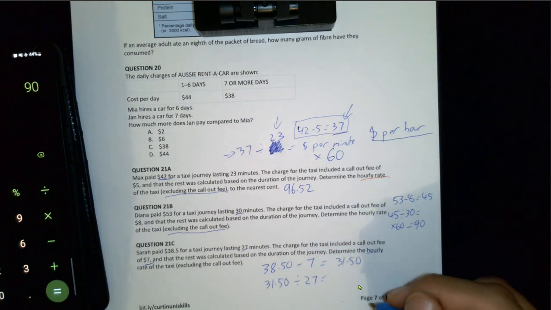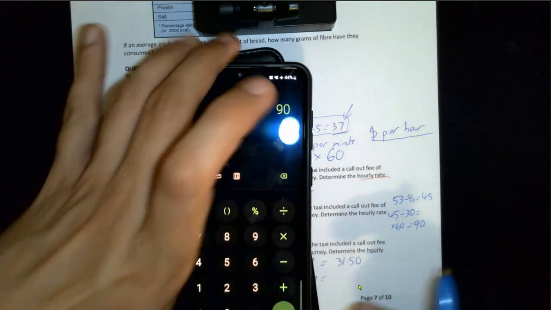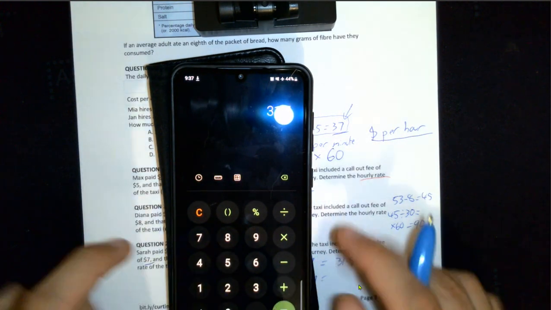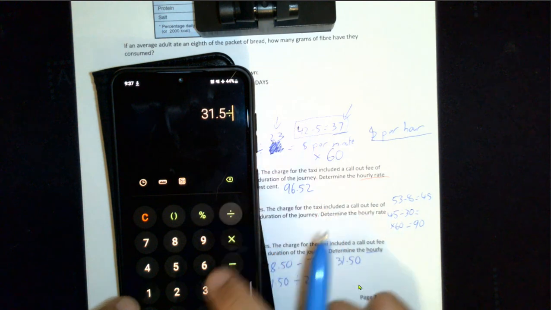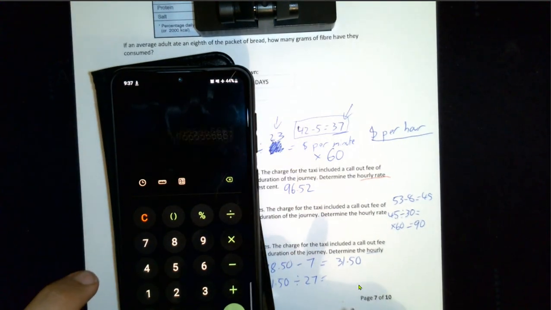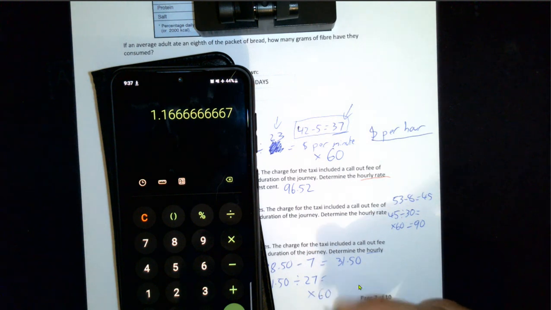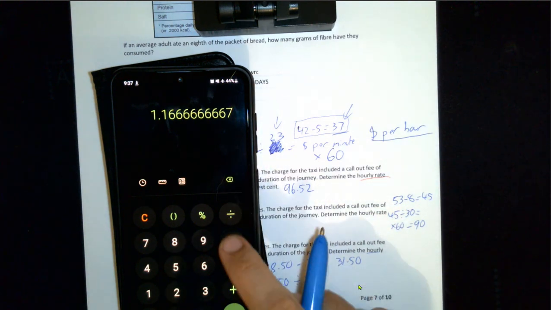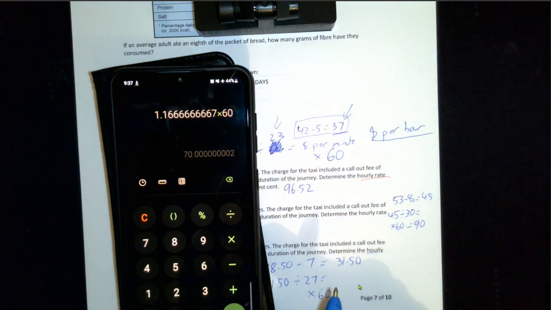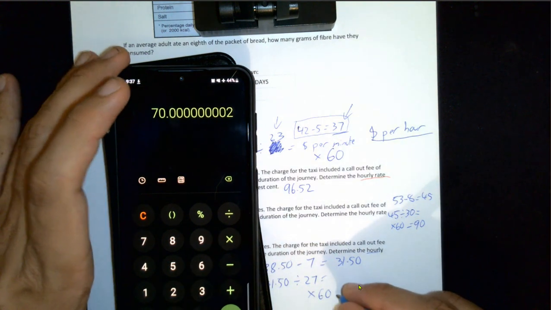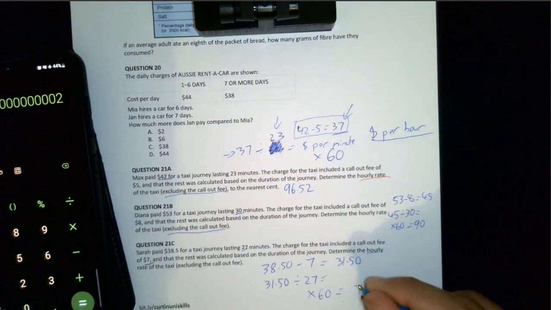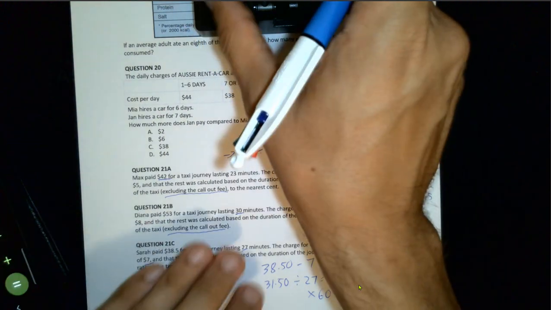This will get us our minute rate. 31.50 divided by 27 will get you this, and then you need to times that answer by 60. So that's how many dollars per minute times by the minutes in an hour. 70. Hope that was easy enough.